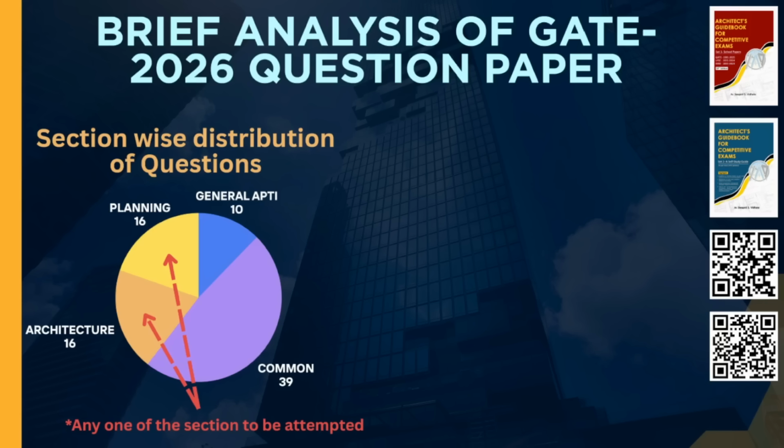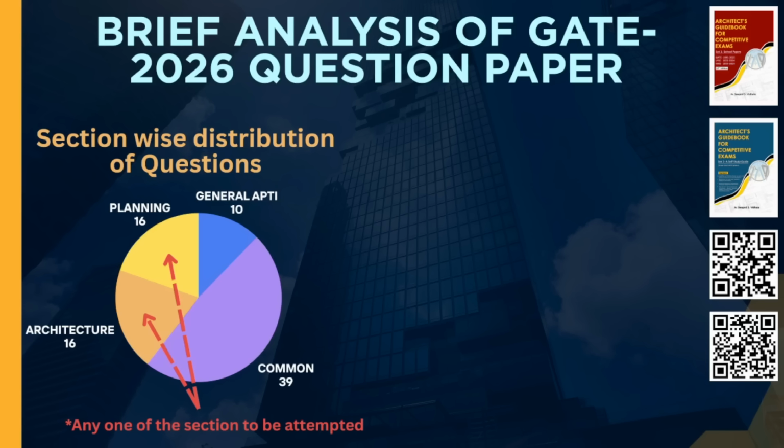Then the common and compulsory section contains a total of 39 questions. The remaining two sections are optional; the candidate has to attempt any one of them. B1 has 16 questions for architecture students, and B2 contains 16 planning-related questions.